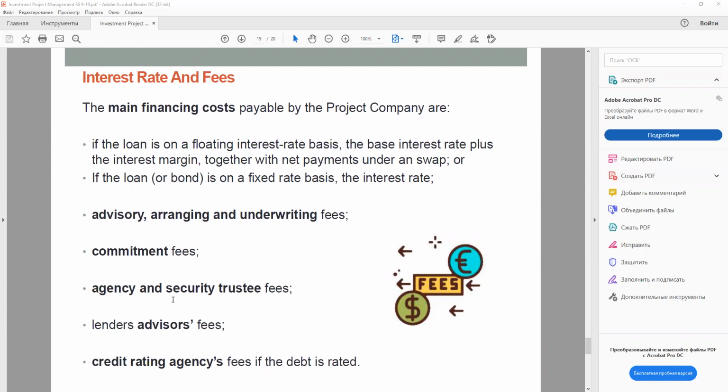The latter is retained by the project finance department, while the former is paid to the bank's treasury department, which deals with raising the necessary finance for the loan portfolio.